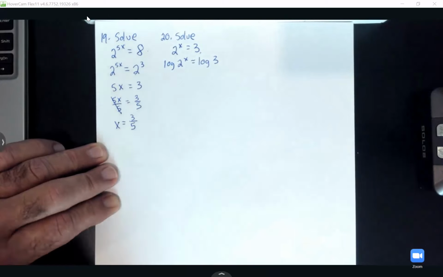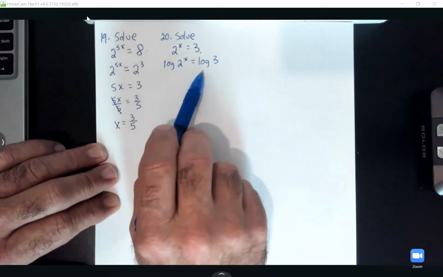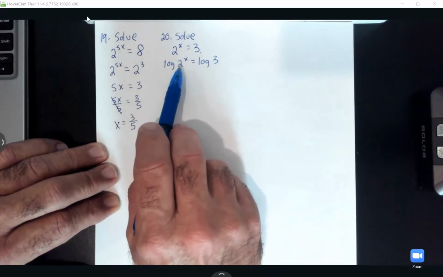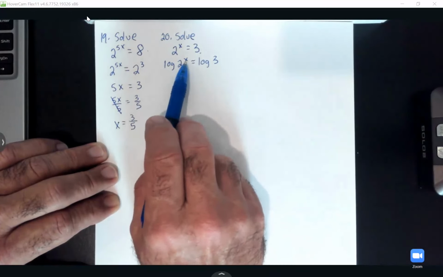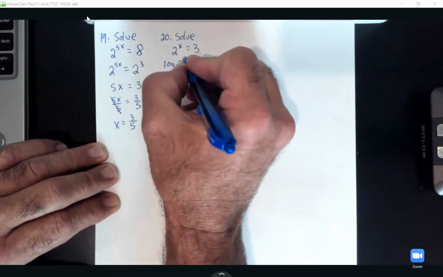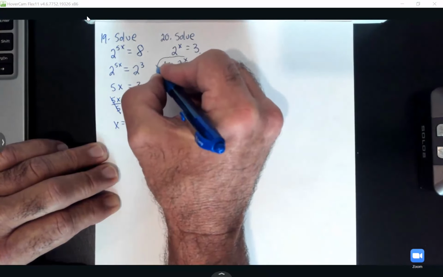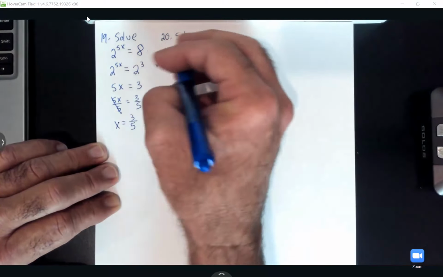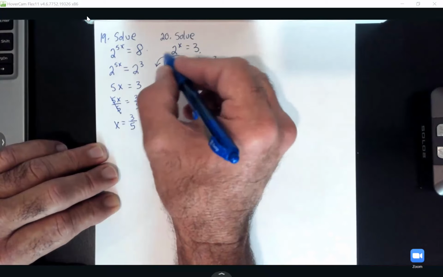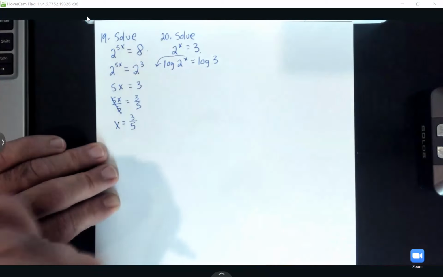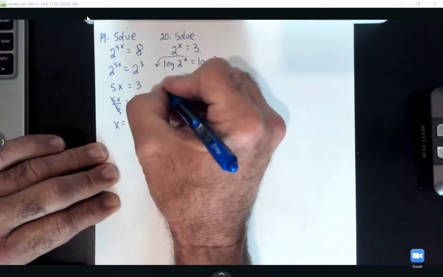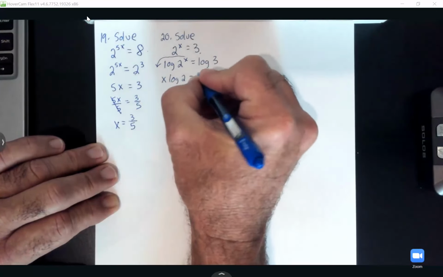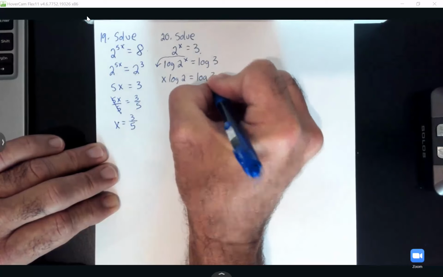Now, the only reason I wanted to use logs on this, because I have a log property that tells me that if I got exponents, I got to bring them exponents down to the front and rewrite it as a product. And that's the only way I can get the exponents down so that I can solve for them variables, y'all. So this would give me x times log 2 equals log 3.